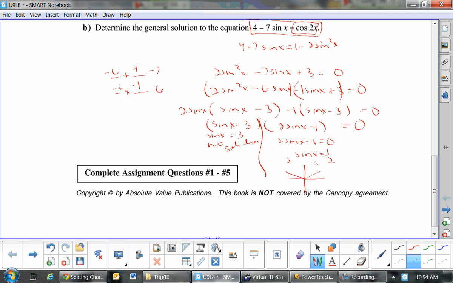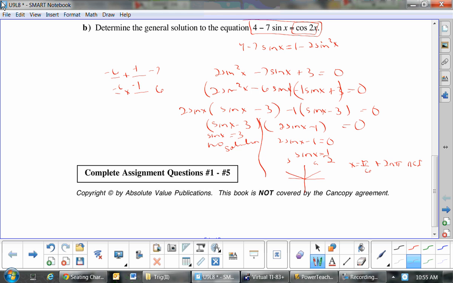Now we're doing general solution. So the first solution is pi over 6. Now, can I get the next one by adding a period to it? No. So you're going to have to do that one separately.